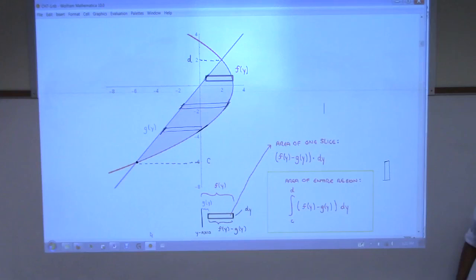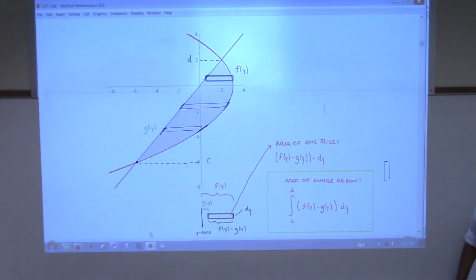What about our limits of integration? You said negative 6 to 2. So instead of our limits of integration being x values, left and right, because we're going to be going up and down, they're going to be y values. So it has to be where these two curves intersect, but their y coordinates instead.